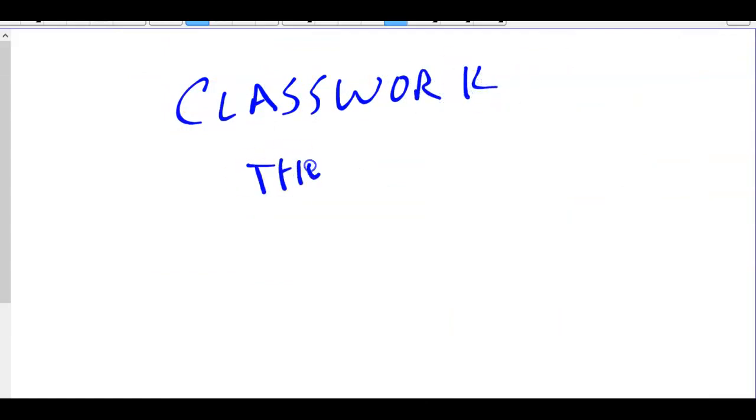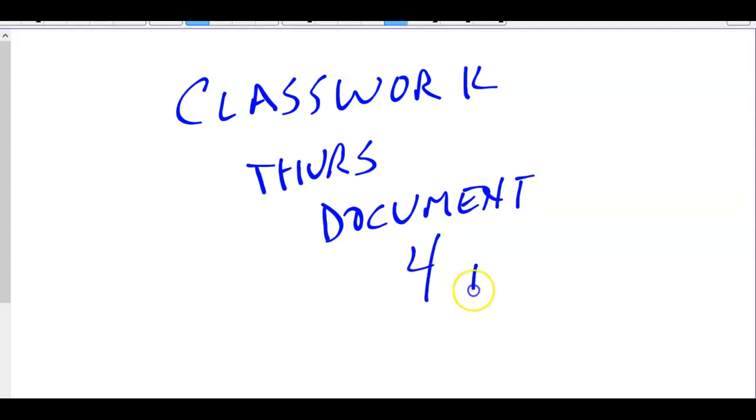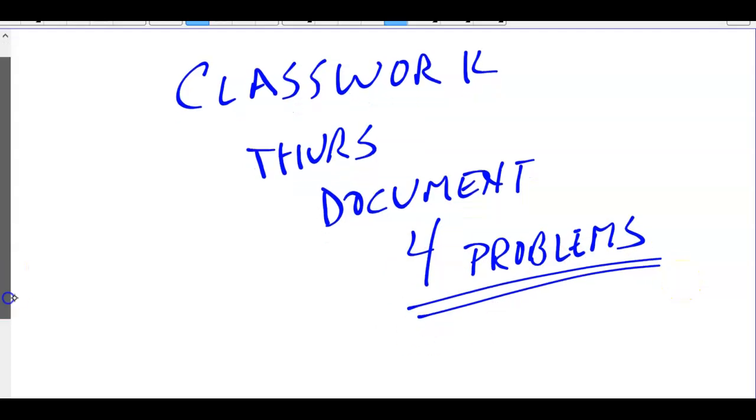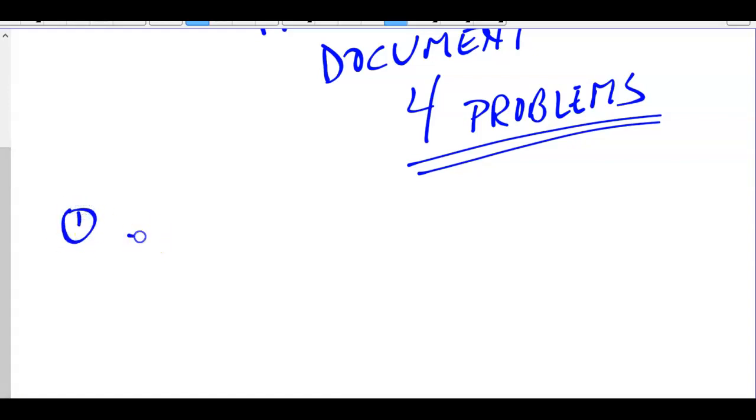You're going to go to Thursday, and there is a document with 4 problems. That's it. No bookwork today. If you can, print them out, great. If not, that's fine.